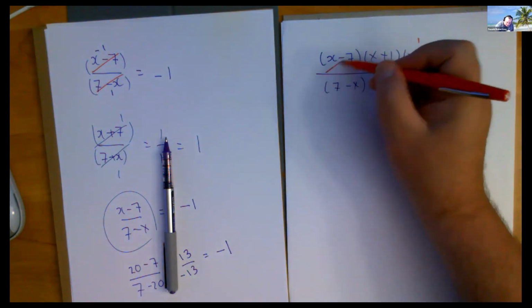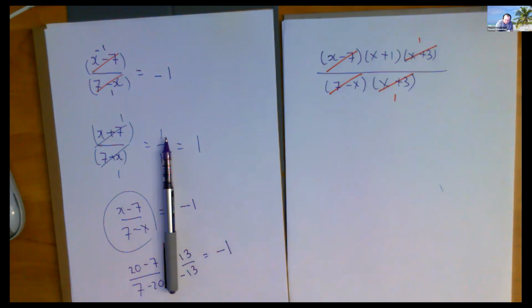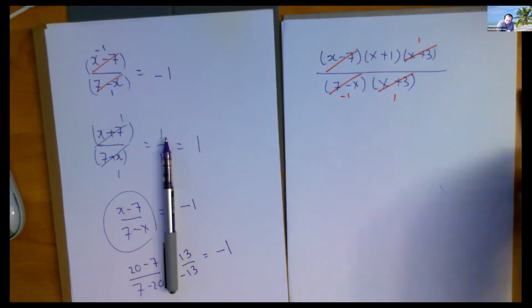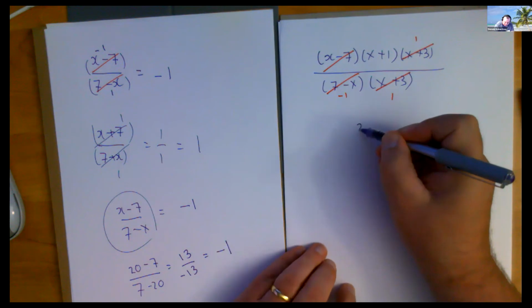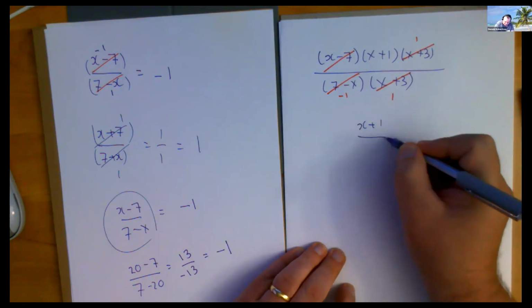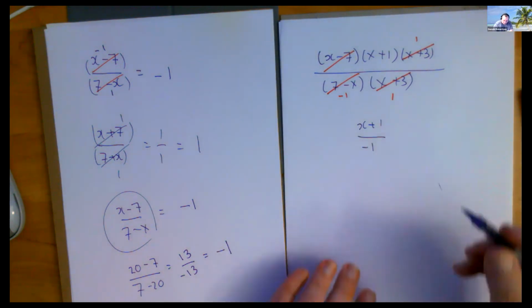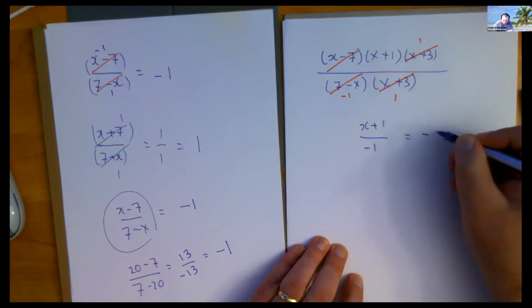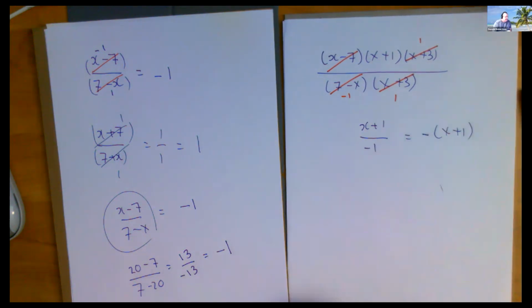Won't the x minus 7 be allowed to cancel the 7 minus x, but what will it leave behind? Not a 1, a -1. So what does that make my answer? It makes my answer x plus 1 on the top, -1 on the bottom, which I would probably just call that guy.